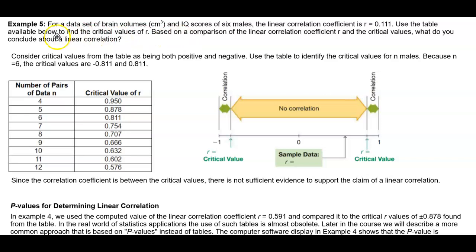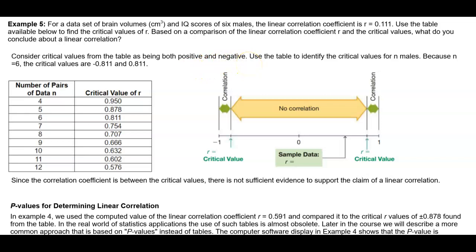We're going to use the table available below to find the critical values of R. Based on a comparison of the linear correlation coefficient R and the critical values, what do you conclude about a linear correlation? So the first thing we need to do is consider the critical values from the table as being both positive and negative.